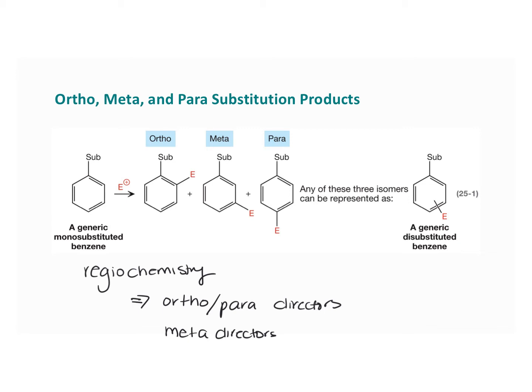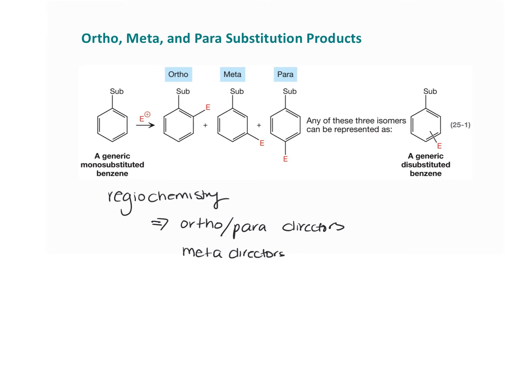A second issue with monosubstituted benzenes is the effect the substituent has on the rate of the electrophilic aromatic substitution reaction. Some substituents slow the reaction and therefore are called deactivating groups.